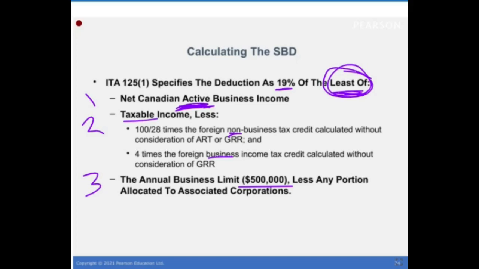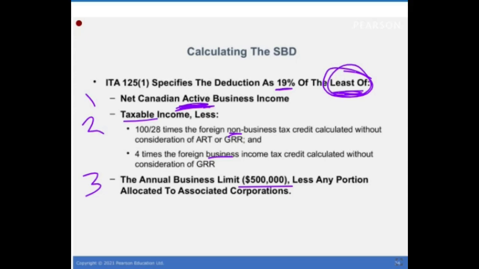Based on this "least of," we'll never be able to go over the business limit. This is the business limit portion that's allocated to our corporation specifically. Often that'll be 500,000, but if you have an associated group, then it might be less. A question would tell you, ABC Co. is part of an associated group.